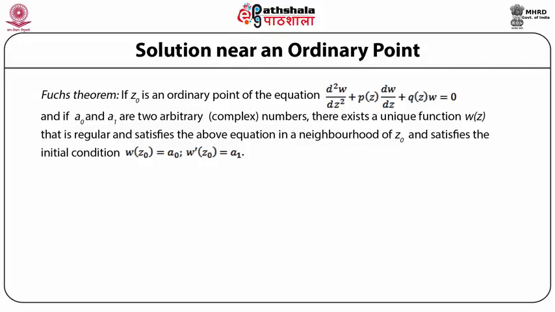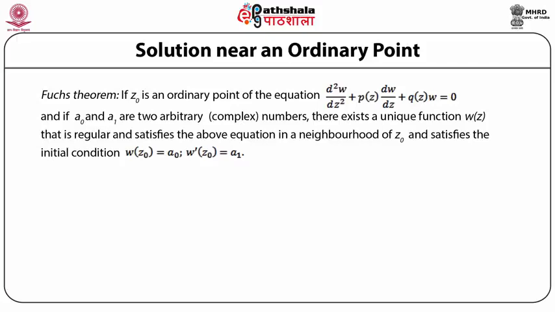If z0 is an ordinary point of the differential equation d²w/dz² + p(z) dw/dz + q(z) w = 0, and if a0 and a1 are two arbitrary complex numbers, then there exists a unique function w(z) that is regular and satisfies the differential equation in a neighborhood of z0.